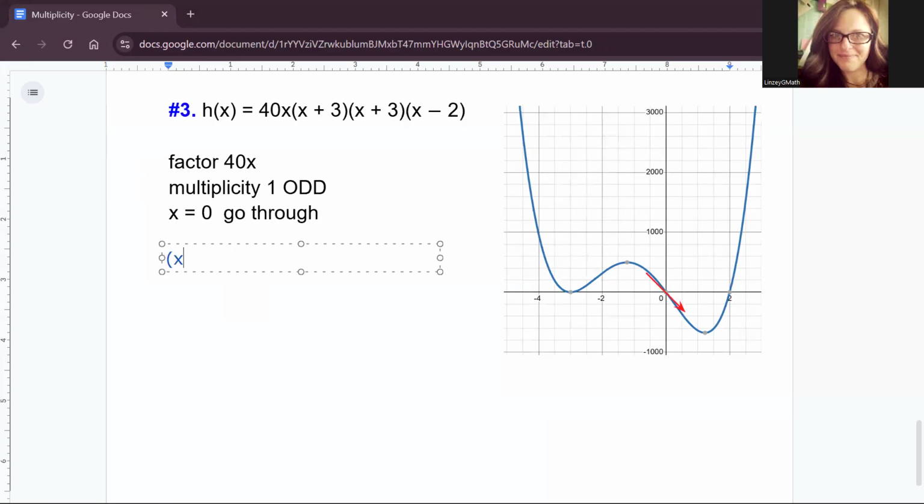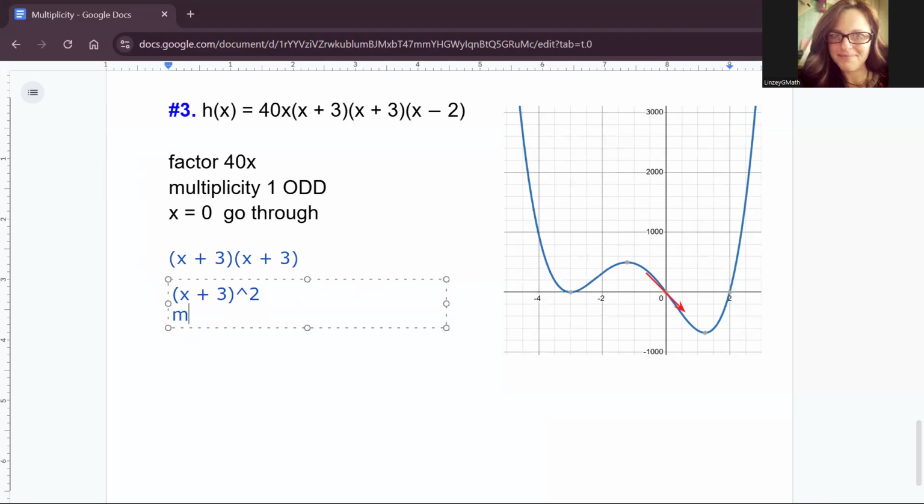And then we had x plus 3 twice. You could rewrite this as x plus 3 raised to the second power. This has a multiplicity of 2, even. So at x equals negative 3, the graph will bounce.